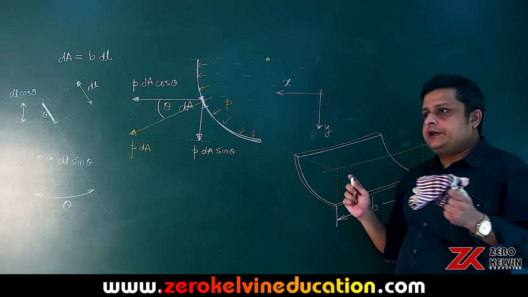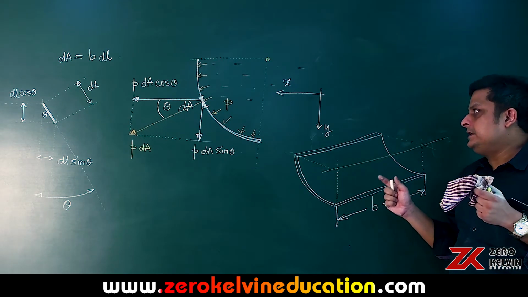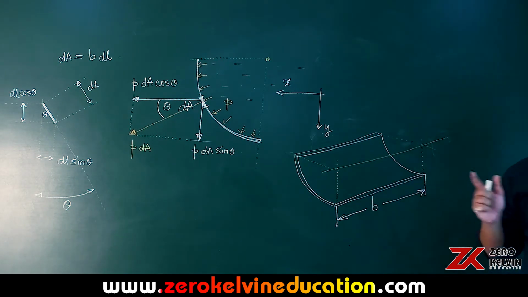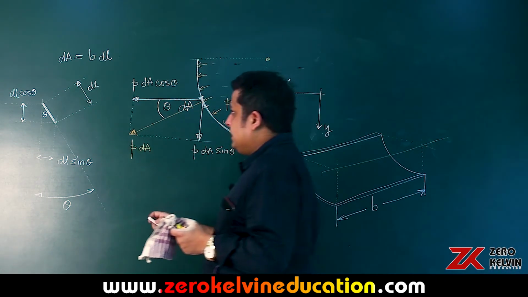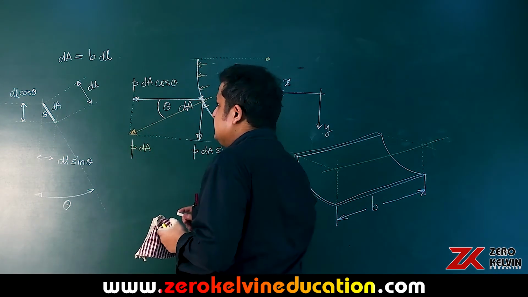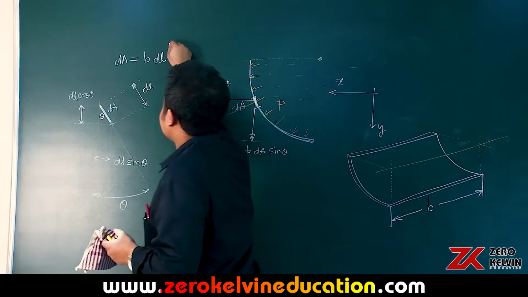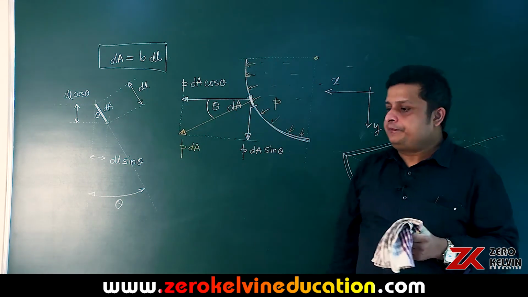So I'll show it in a different diagram. What is it all about the projected area? See, so we are dealing with this small area dA. So as you see, this dA is equal to this b multiplied by dl.